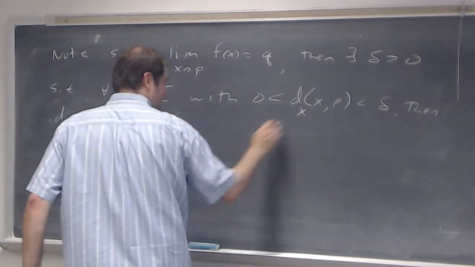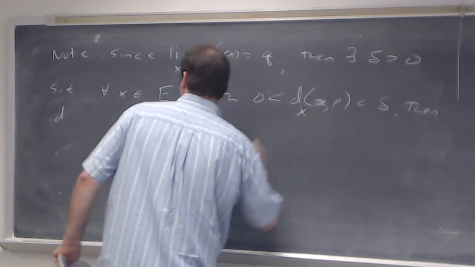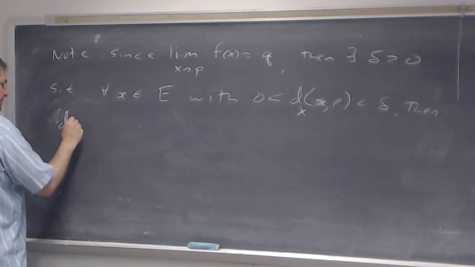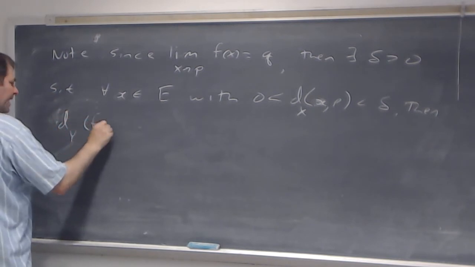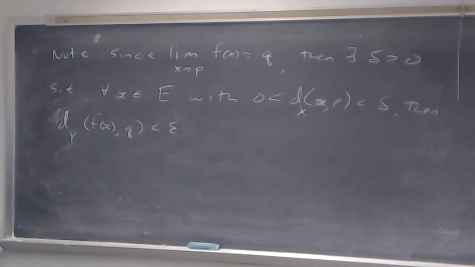This is in X. I'm going to write down little x here, distinction from this guy. Okay? This is little x. The distance in Y between f of little x and q will be less than epsilon.